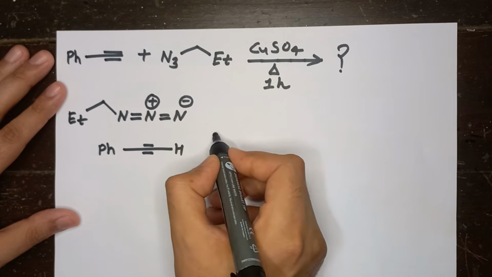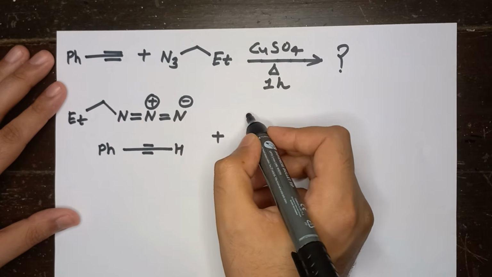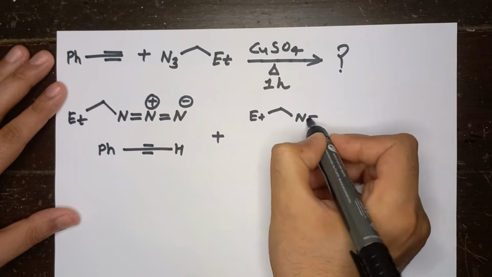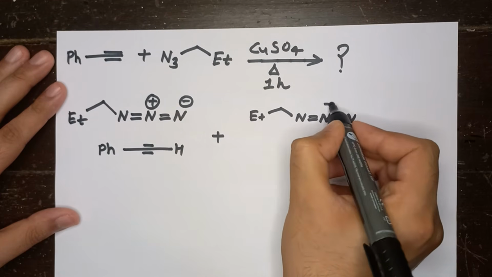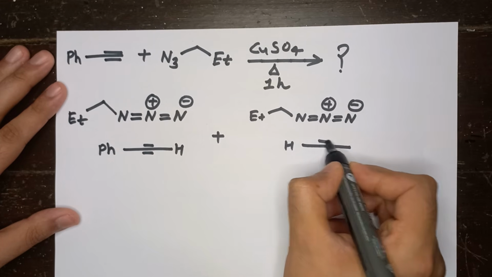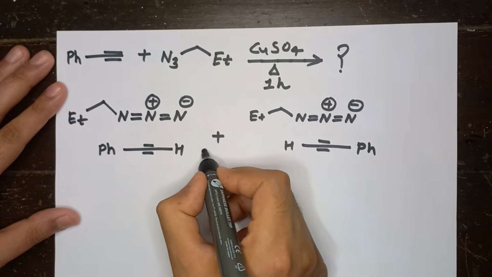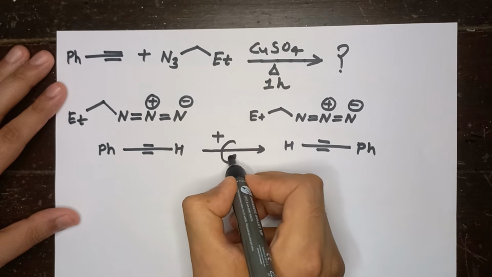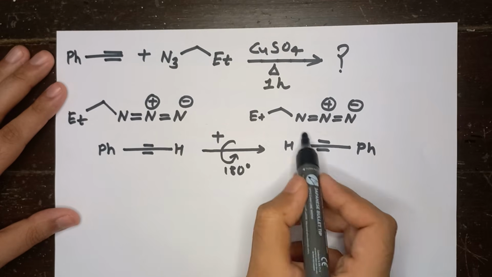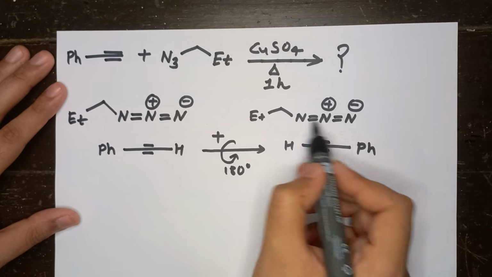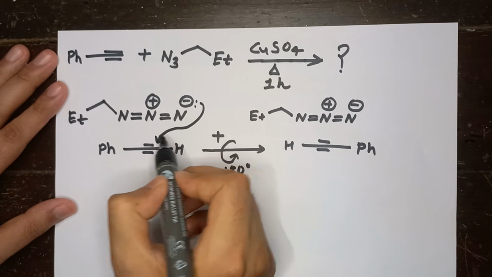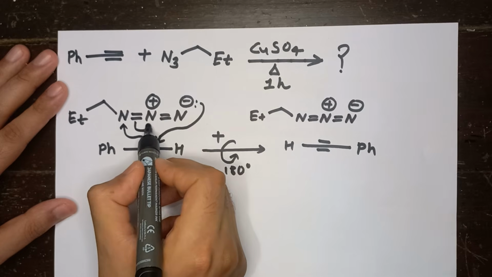The other possible way is you do a 180-degree flip to your alkyne. So this hydrogen, which was at right, is now at left and approaching my azide functional group. So this nitrogen attacks here, this migrates here, and this gets neutralized.